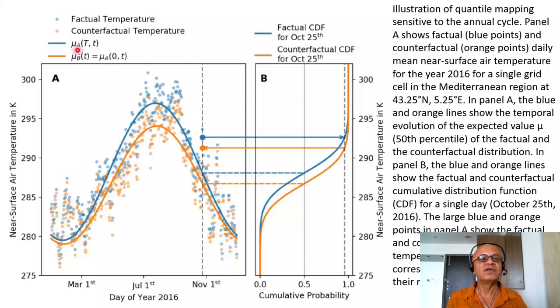So you have T, the global mean temperature, and how it has changed over this time T, to which you have gone back in terms of counterfactual temperatures. So you can see that the counterfactual temperature is lower. This is the expected value, by the way. Mu A and mu B are the expected values.